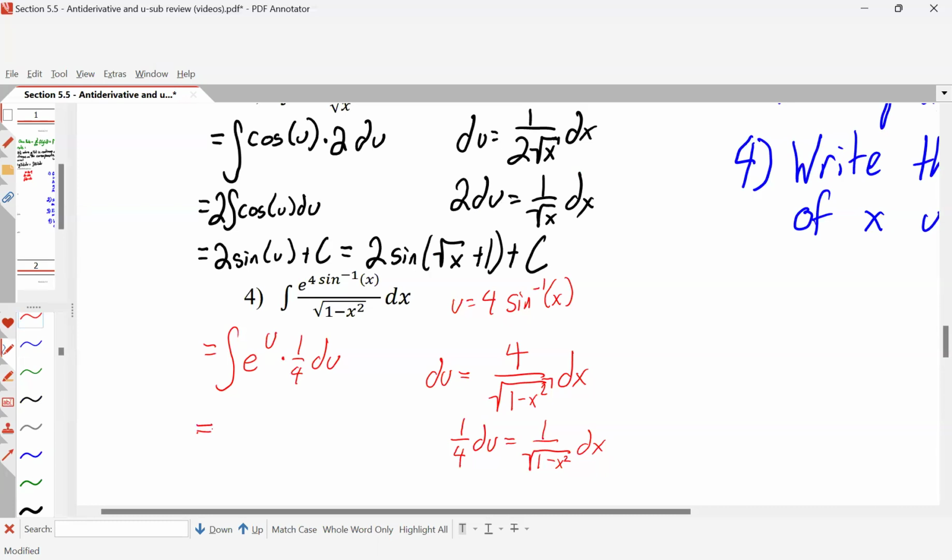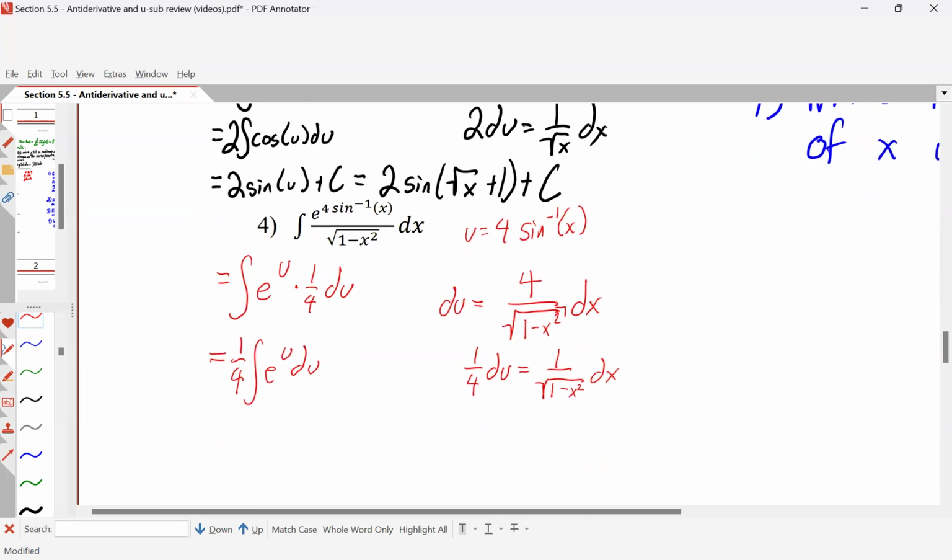The integral of e to the u, really simple. So the integral is 1/4 e to the u plus c, because we know the derivative of e to the x is e to the x. So the antiderivative of e to the x is e to the x.